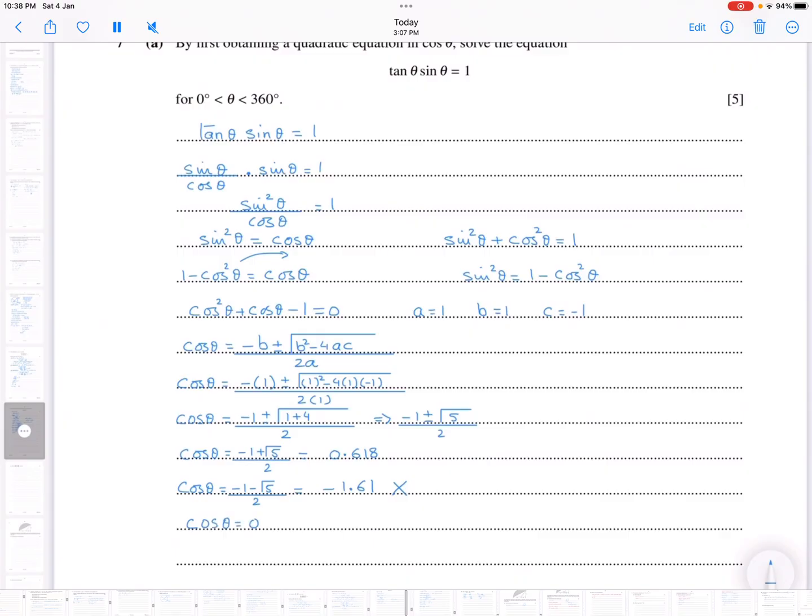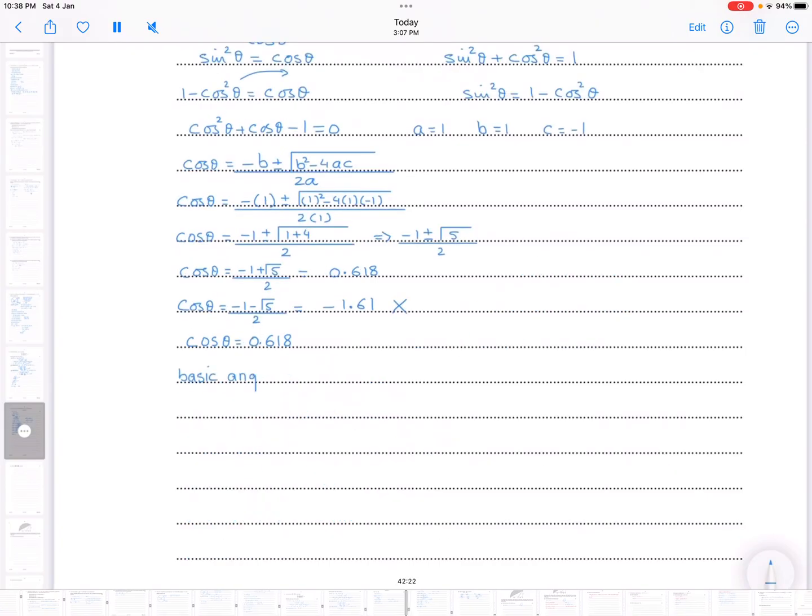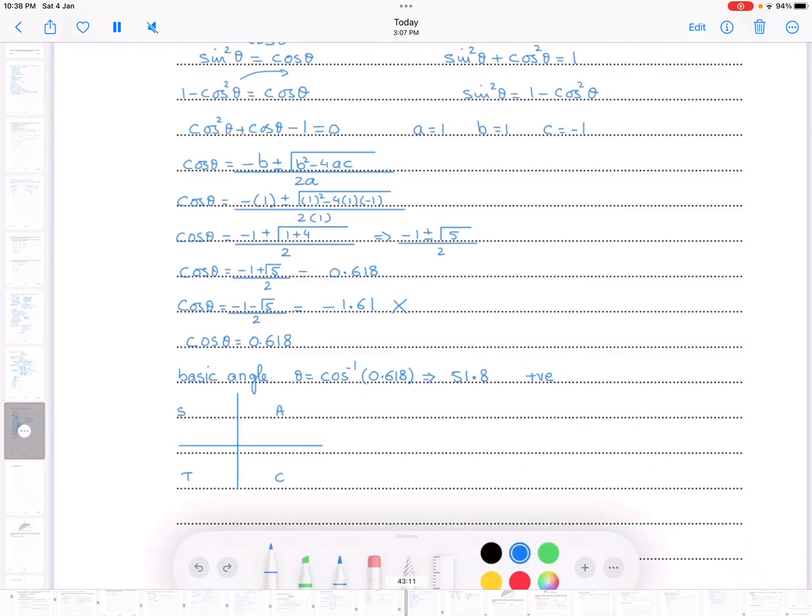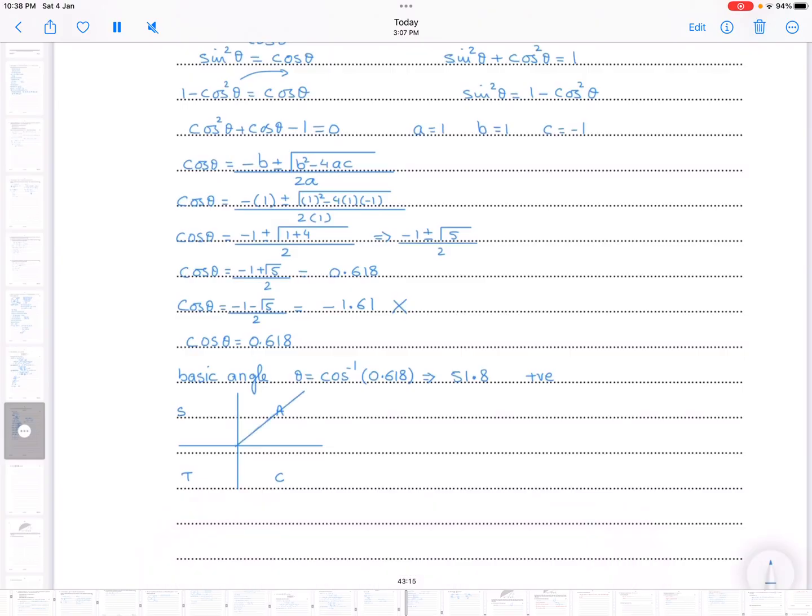Use the first value, 0.618. So find the basic angle. Theta is equal to cos inverse of 0.618, which is 51.8. Our cos theta 0.618 was positive, so look where cos theta is positive in the four quadrants, A, S, T, C. In the first quadrant cos is positive, and in the fourth quadrant cos is positive, and our basic angles are always measured with the x-axis.